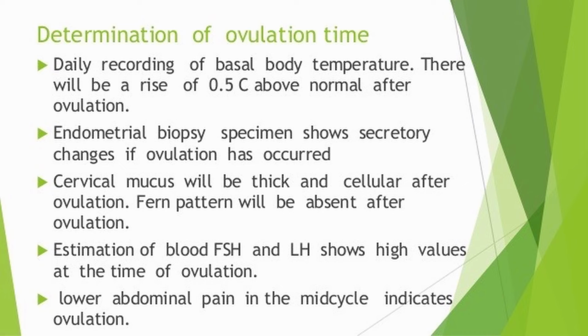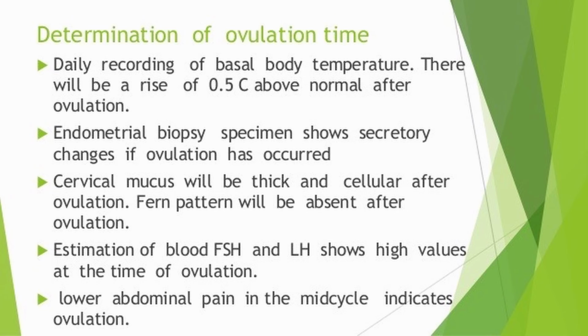Fourth, estimation of blood follicle stimulating hormone and luteinizing hormone shows high values at the time of ovulation. Fifth, lower abdominal pain in the mid-cycle indicates ovulation. So this is the determination of ovulation time.